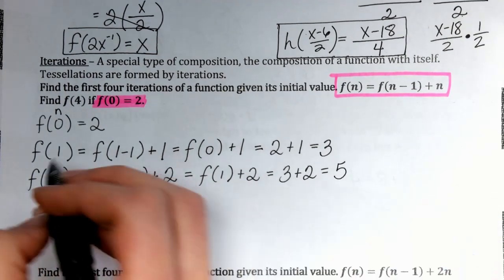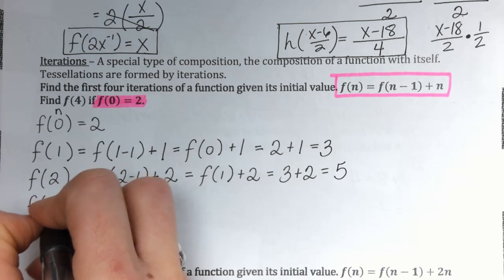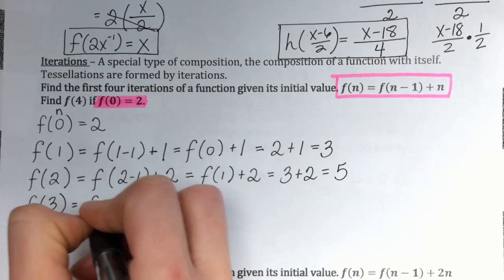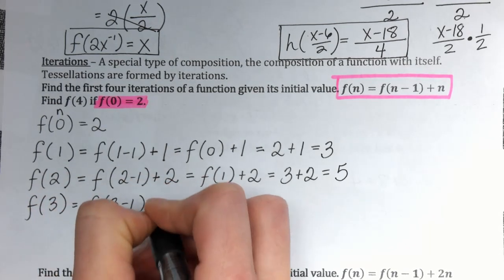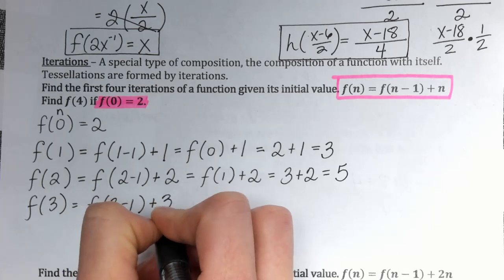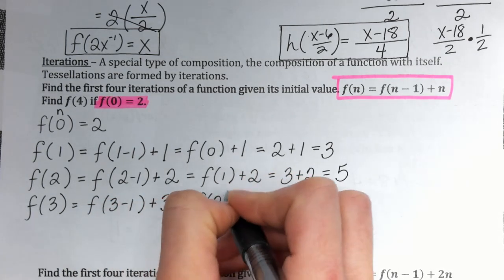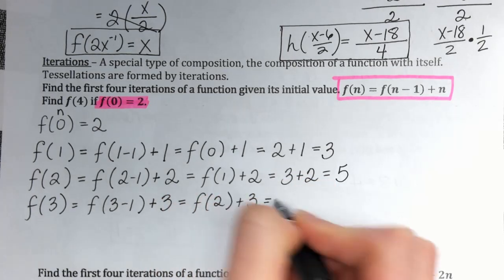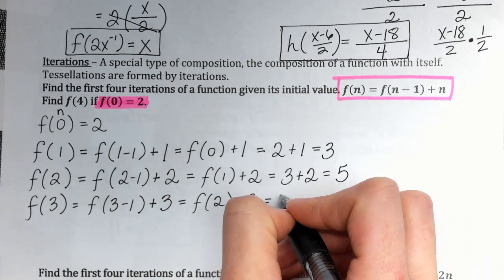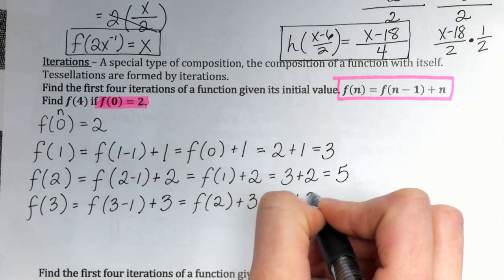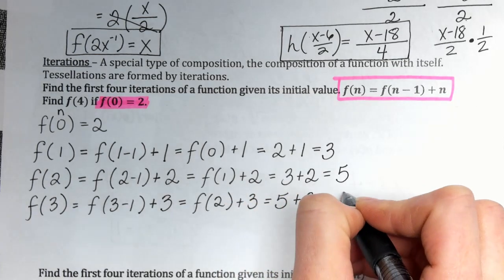Okay? So f of 3 is f of 3 minus 1 plus 3. So f of 2 plus 3. F of 2 was 5 plus 3, which is 8.